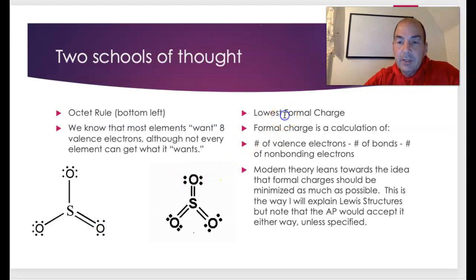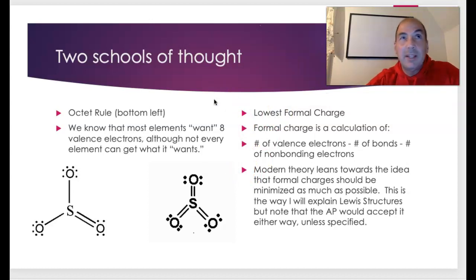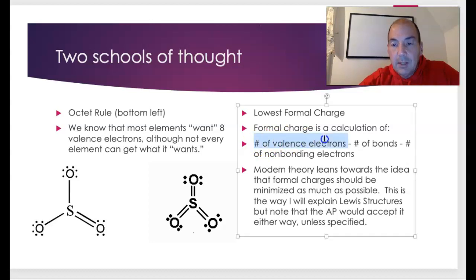But when we talk about this idea of formal charge, which is really kind of the new trend, the way that things seem to go, we're more worried about checking to make sure that everything is behaving the way that it, quote-unquote, wants to, behaving in its more typical bonding fashions. So formal charge is a little calculation where we take the number of valence electrons on an atom, subtract the number of bonds, and then subtract the number of non-bonding electrons.